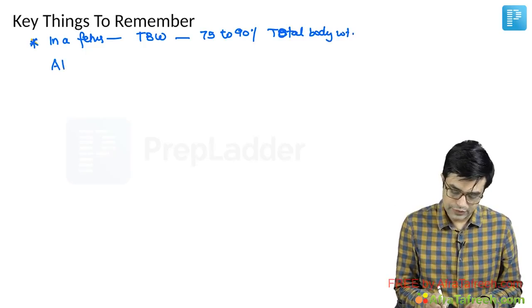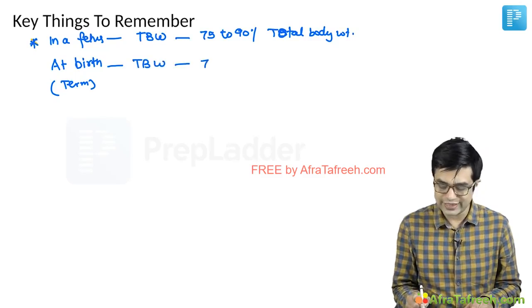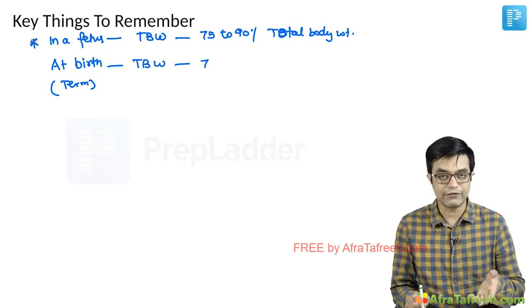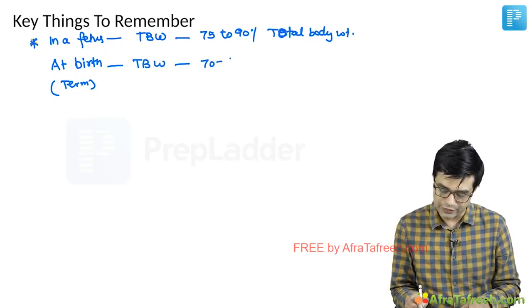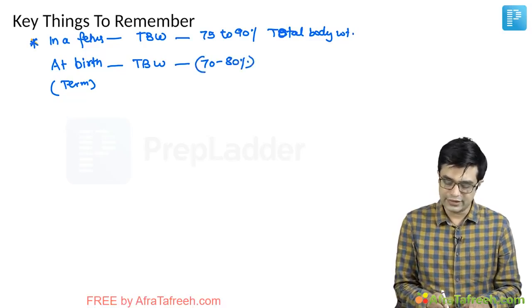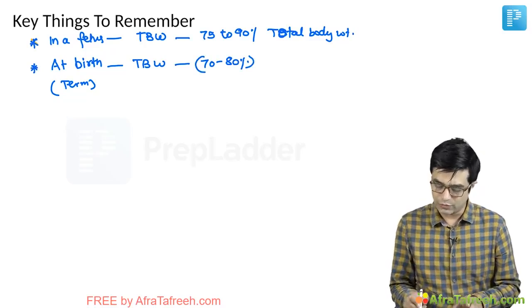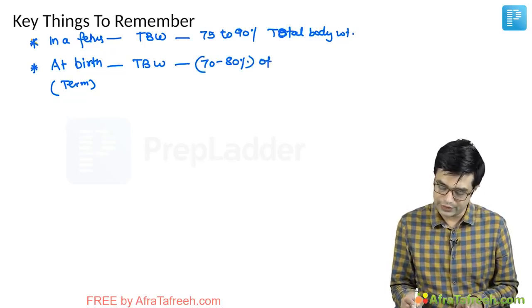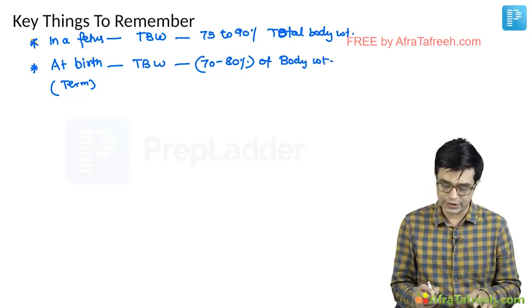At birth, in a term baby, the total body water is about, some books say 70%, some say 75%, some say 75 to 80%. So we generally take a value between 70 to 80%. This is the general consensus if you look at other books along with Nelson. So total body water is 70 to 80% of the body weight.